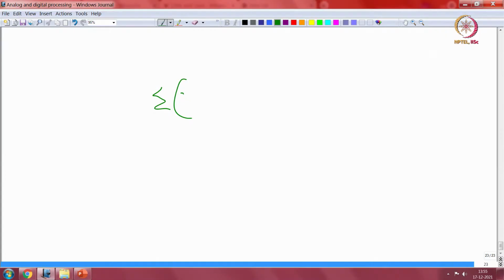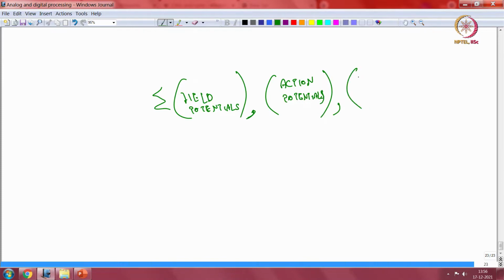So we are looking at the sum of all field potentials, and the sum of all action potentials, then the sum of all vesicles in the synapse, and this is again a sum for all synapses.